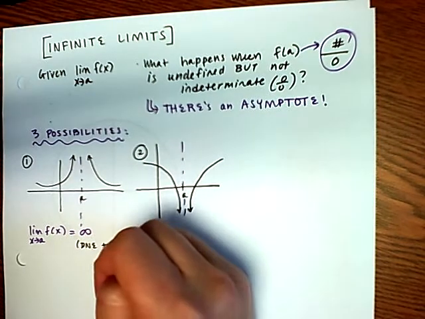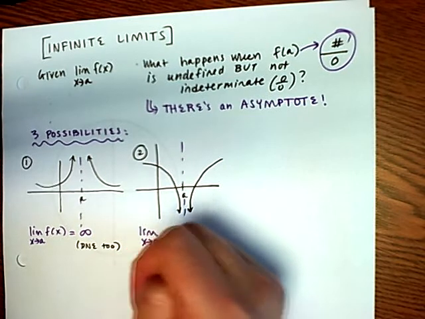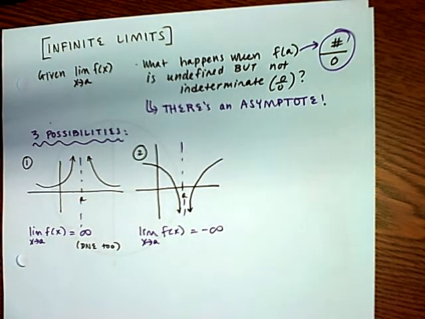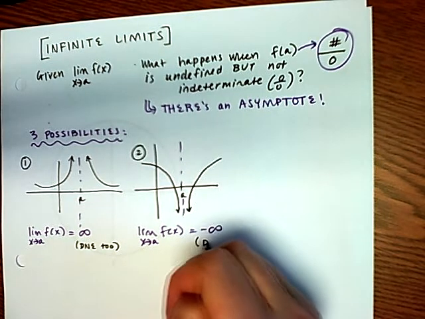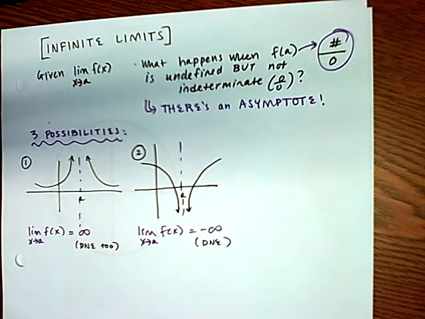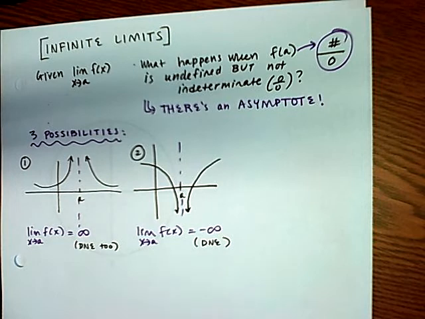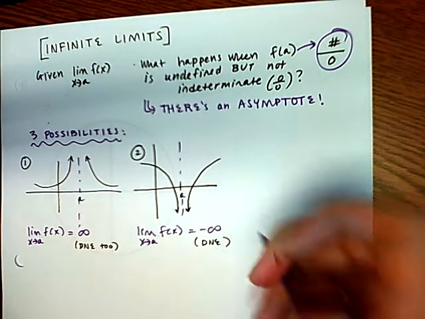Then I would say the limit as x goes to a of f of x would be negative infinity. Because they're both going towards the same sign of infinity, we can call it negative infinity.